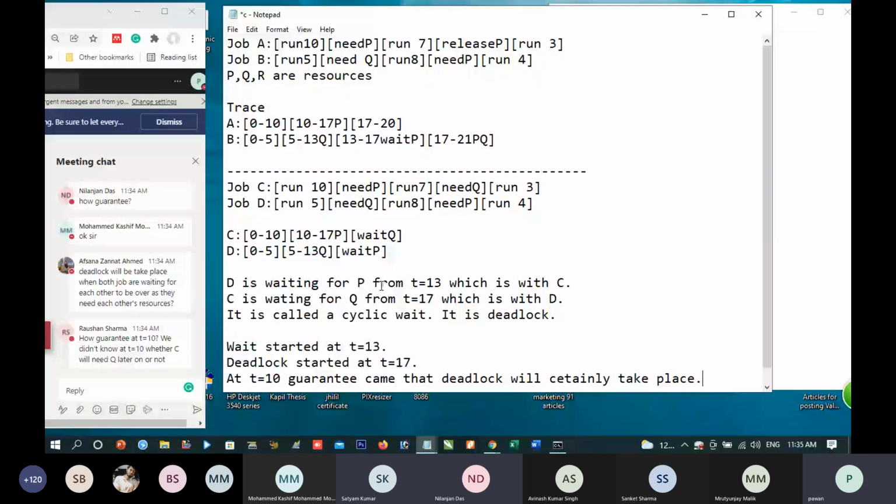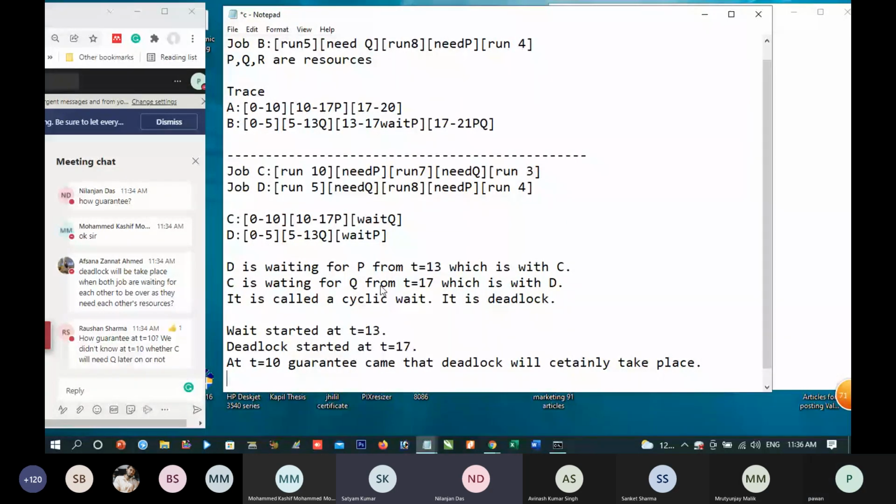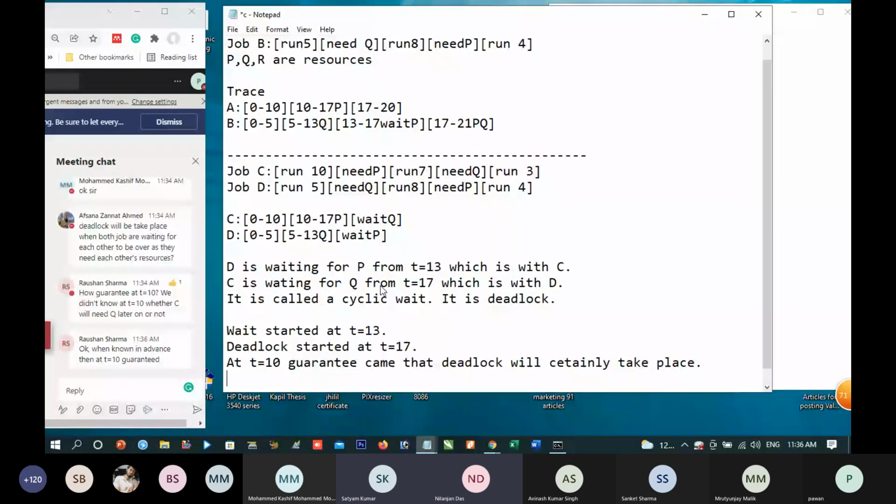Okay. Requirements of these are not known in advance. But suppose there is one person who knows everything about it. Okay. Any more doubt? That is correct.